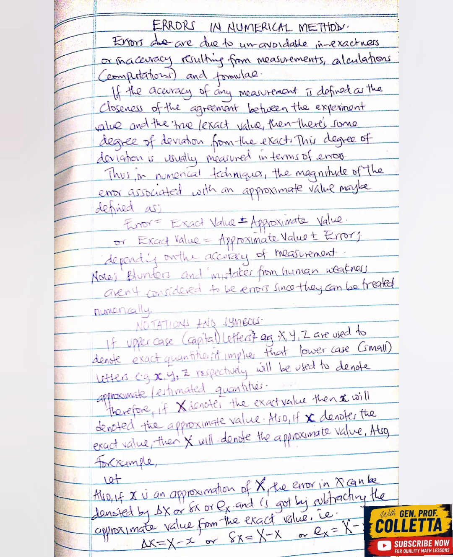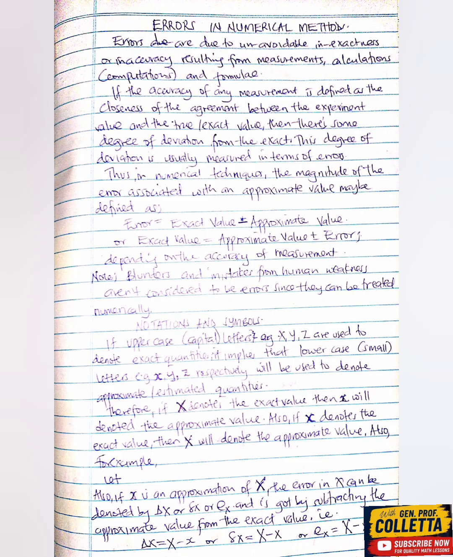If uppercase letters, for example capital X, capital Y, capital Z, are used to denote exact quantities, then the lowercase, the small letters, for example small x, small y, small z, will denote the approximate or the estimated quantity.